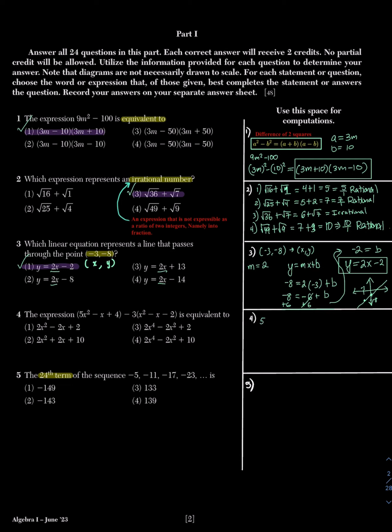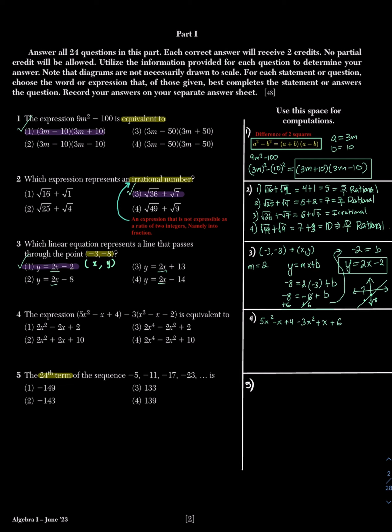So we have 5x squared minus x plus 4. And then to get rid of the parentheses in the second part, I'm going to have to distribute the -3 across to every single one of these terms. So that would give us minus 3x squared plus 3x plus 6.